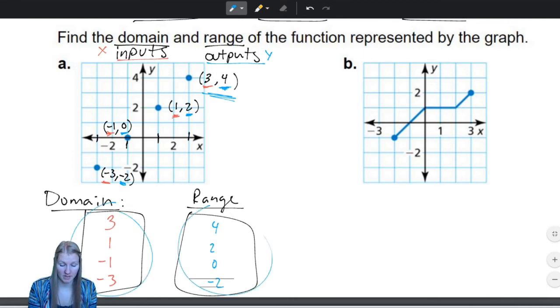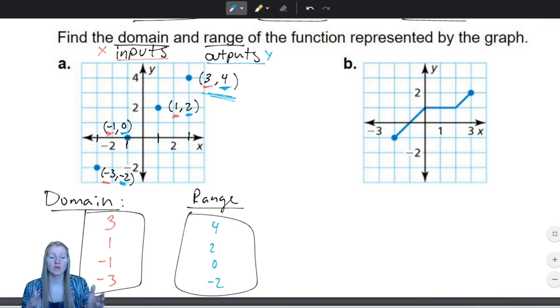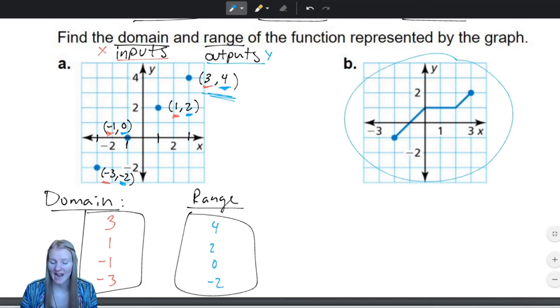There's your domain, there's your range. Now, at this level, the domain is only 4 numbers. As you get into advanced algebra and pre-calc, your domain is going to look a little bit more complicated. And speaking of a little bit more complicated, we're going to look at a tiny bit more complicated in part B.